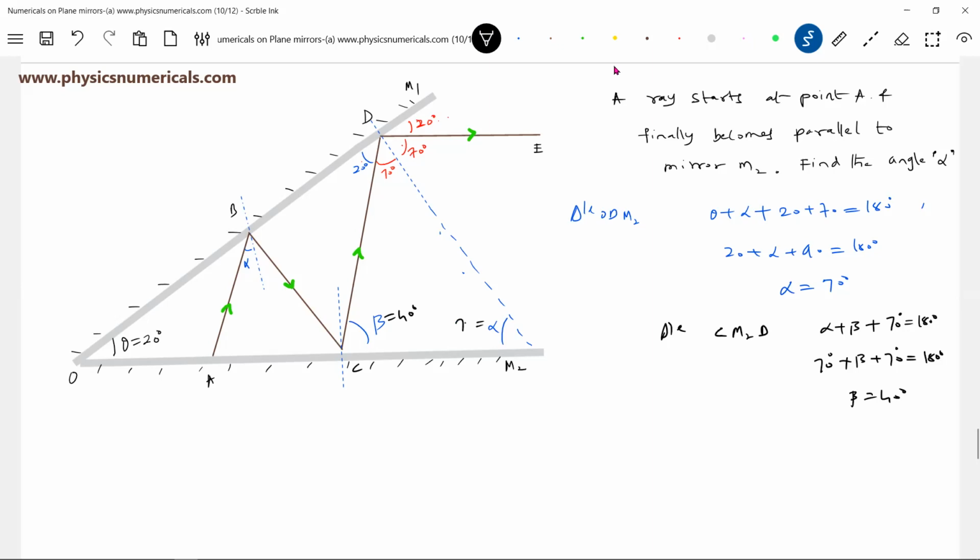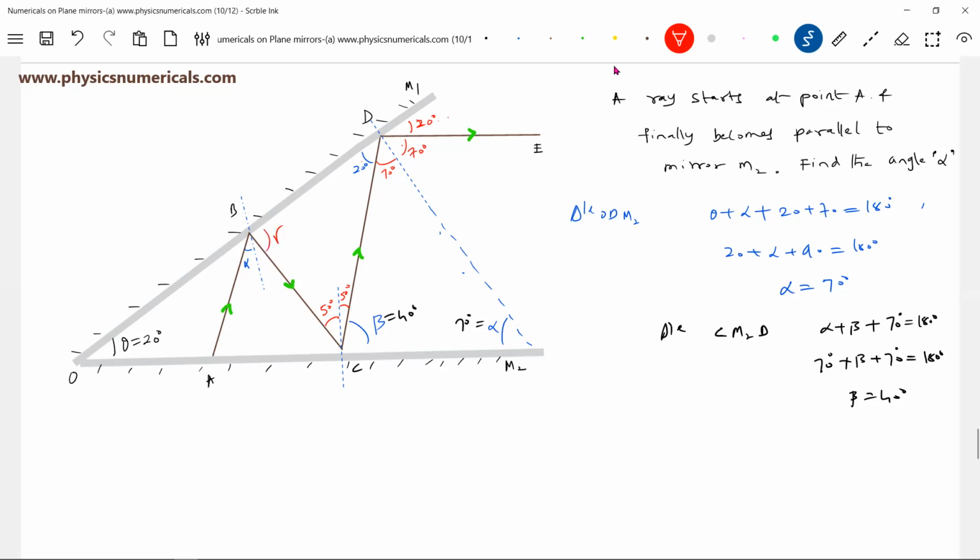Let me write all the values, it will be easier. Beta 40. Then this is a normal. This is a normal. So what can be this angle? This angle should be 50. Then angle of incidence should be equal to angle of reflection, so this should be 50. Now again, take this angle as gamma.